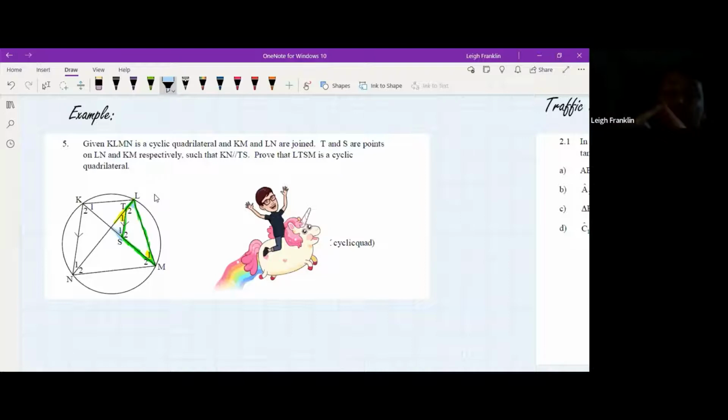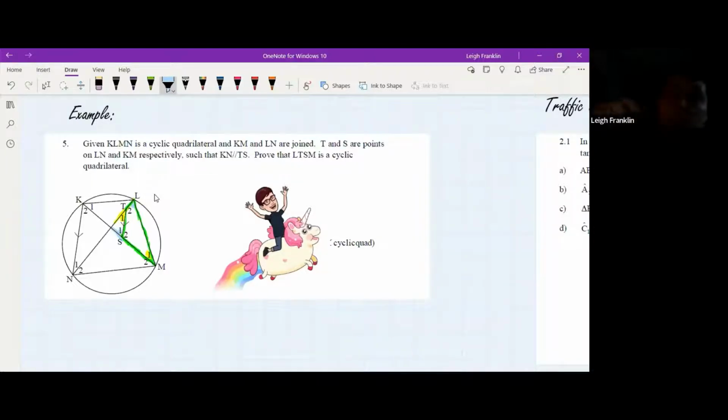If we know something about angles adding up to 180 degrees, then maybe we can use converse angles in the same segment. Otherwise, the only other way to prove that a quad is cyclic is to prove that the exterior angle equals the opposite interior angle. So it looks very likely in this diagram as though that's the way we need to go.